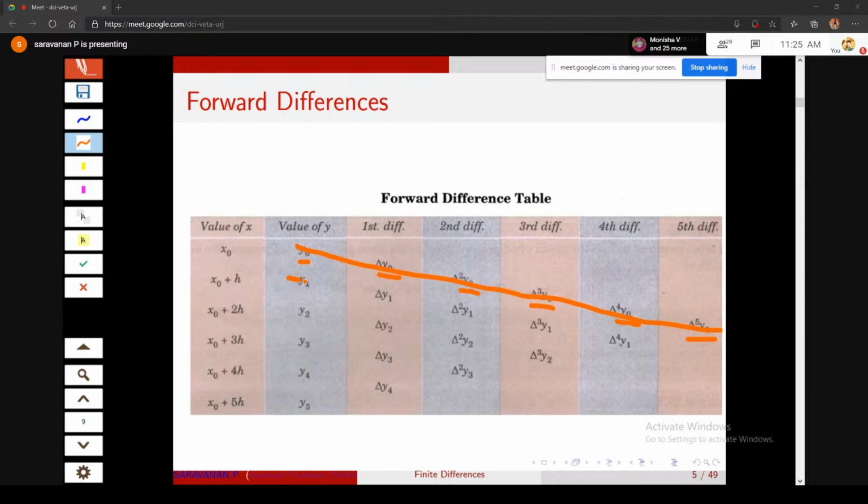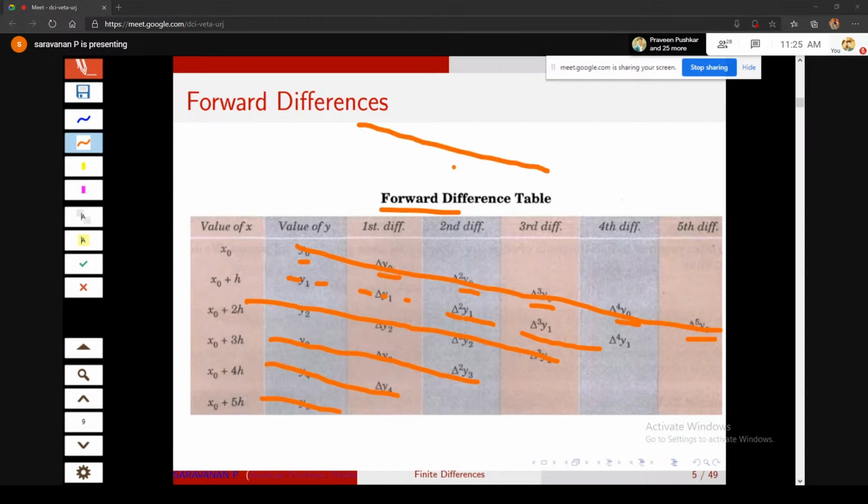This diagonal will be in terms of y1 and its forward differences. This diagonal will be in terms of y2 and its forward differences. This will be in terms of y3 and its forward differences, y4 and its forward differences, etc. Okay, so whenever you construct the forward difference table, the diagonal elements will be like this.